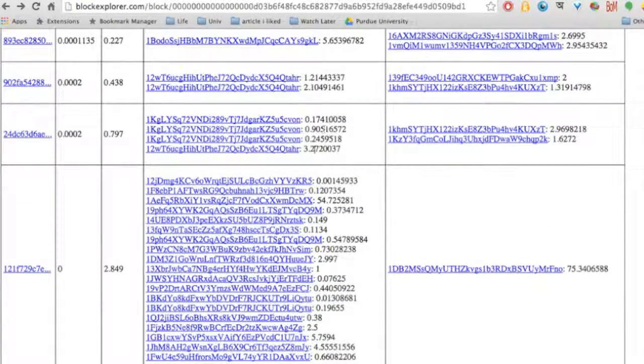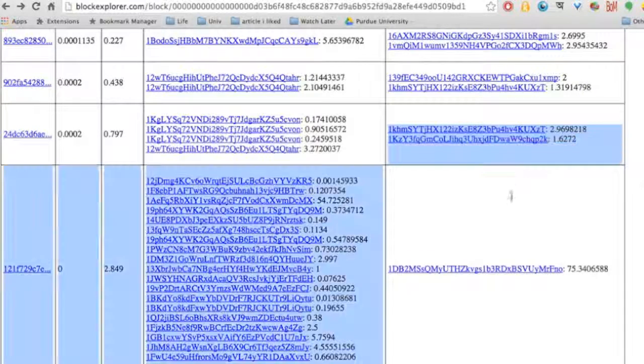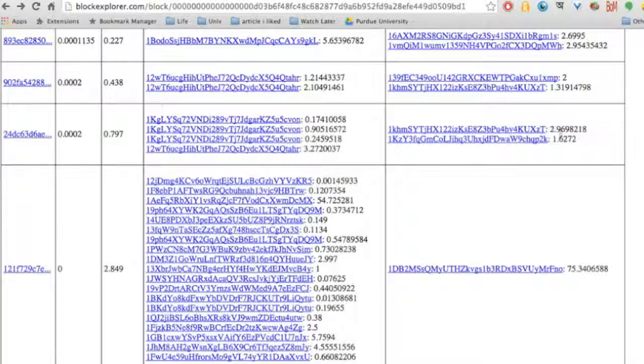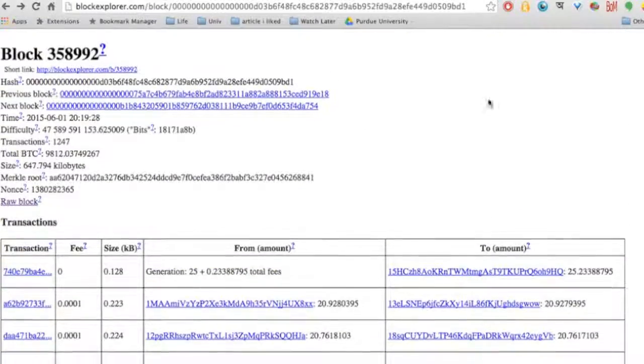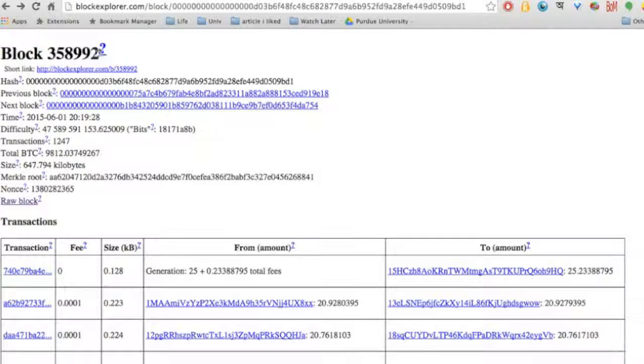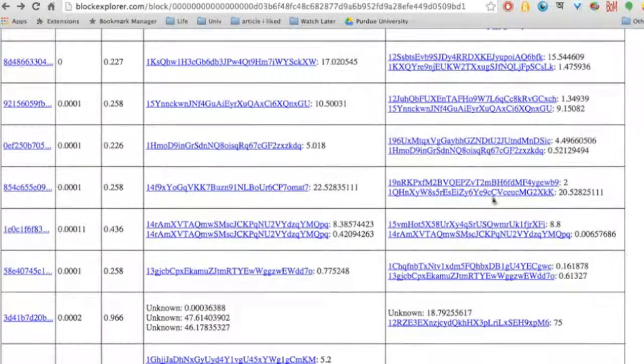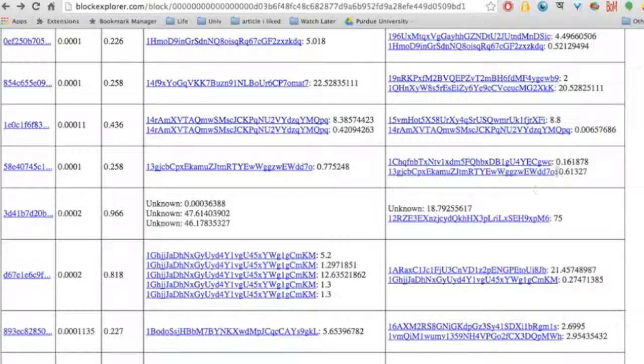For example, this Bitcoin address, this 1khmsyt, has 2.9698218 Bitcoin. For example, this is your Bitcoin address. So for example, this is Bitcoin block 358992. In Bitcoin block 368992, you want to spend that Bitcoin from that specific address.